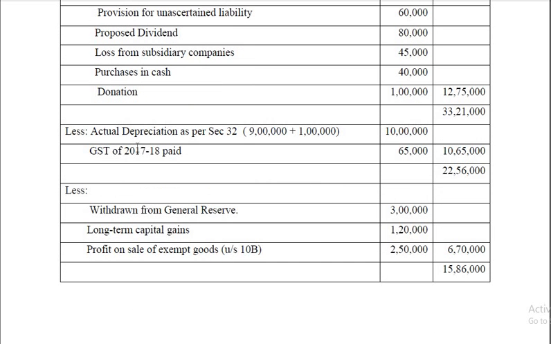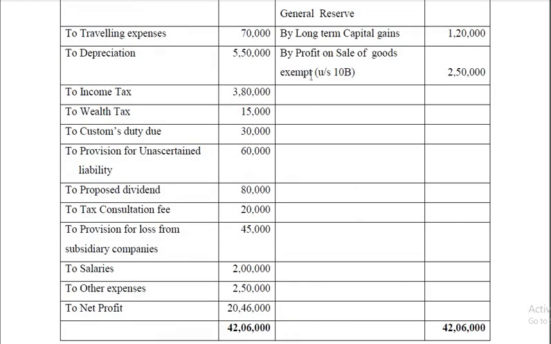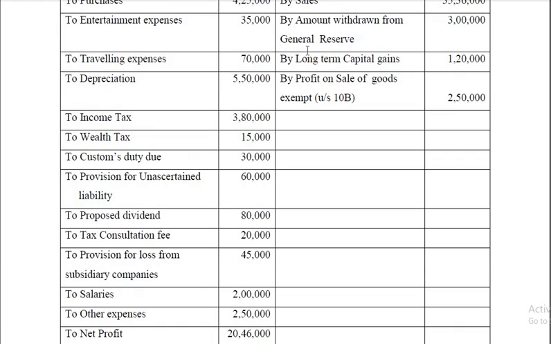Then what is to be deducted? So actual depreciation as per section 32, 10 lakh, and then GST of 2017-18 paid. These items are to be deducted. Further, on the credit side, you have items that is amount withdrawn from general reserve, long-term capital gains, and profit on sale of goods exempt under section 10B.